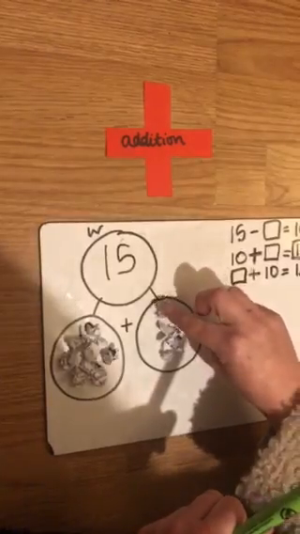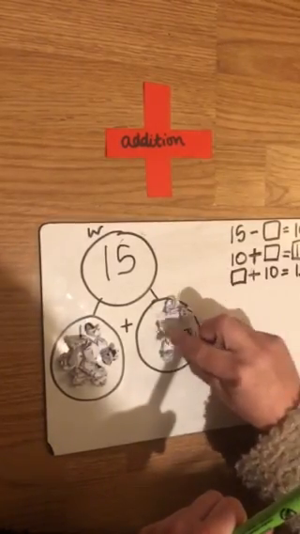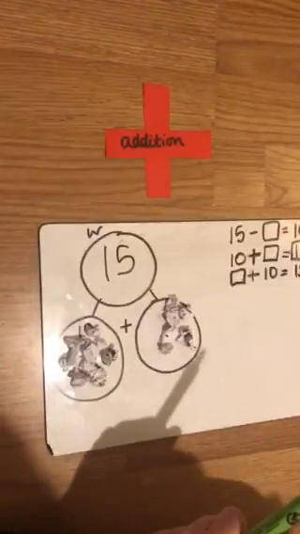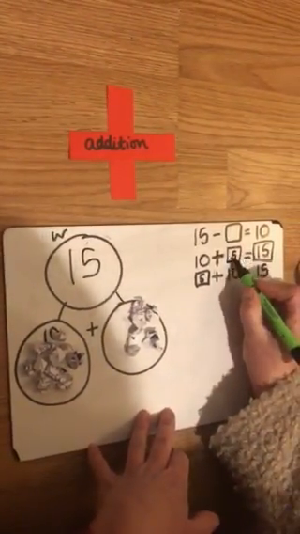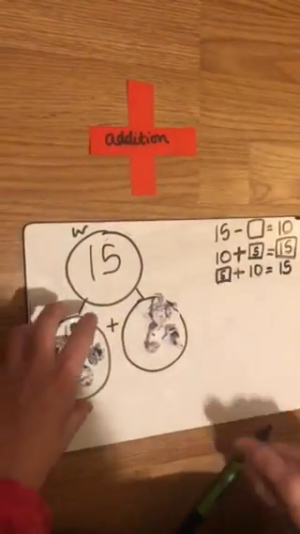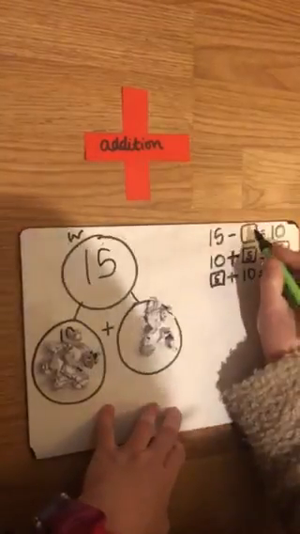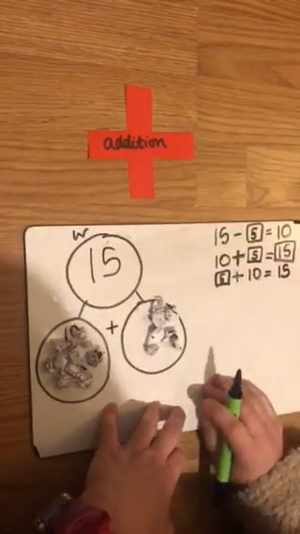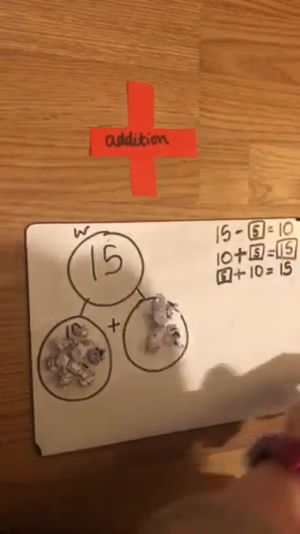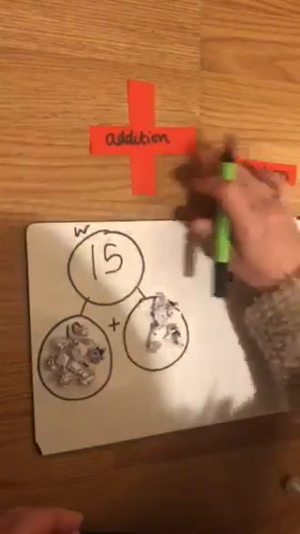So let's see how many we have. 1, 2, 3, 4, 5. Okay, so our 5 is going to be our missing number. But let's check that. Let's check that 5 is still going to be our missing number here and that we can switch our number sentences round to give us the same answer.